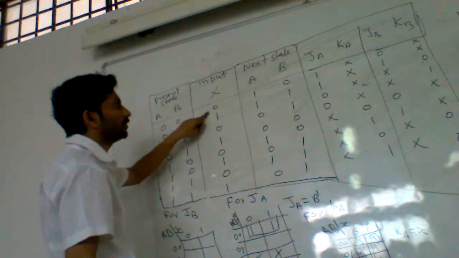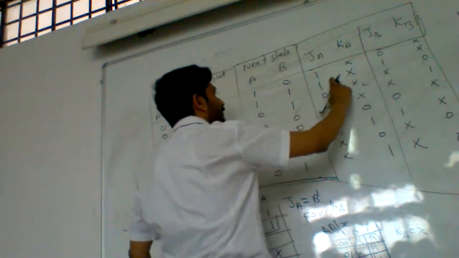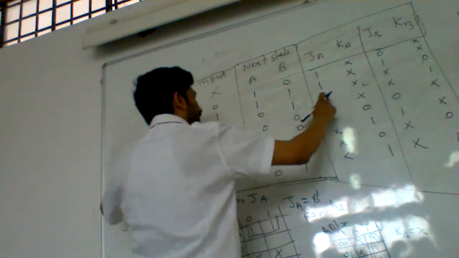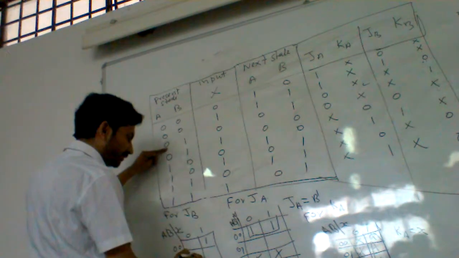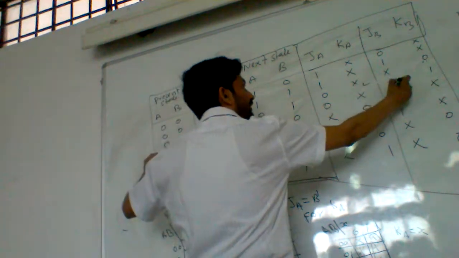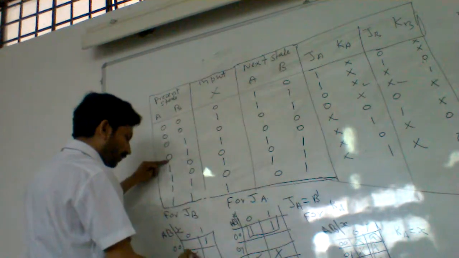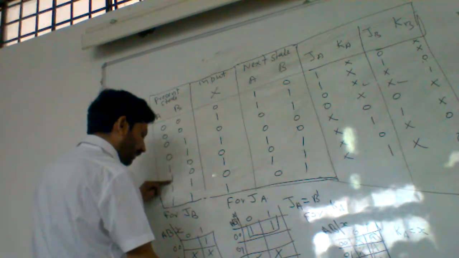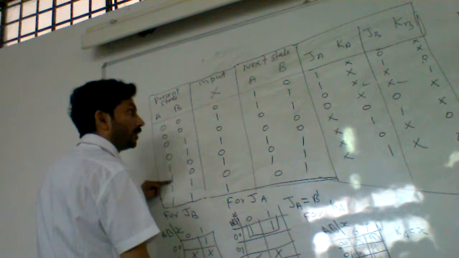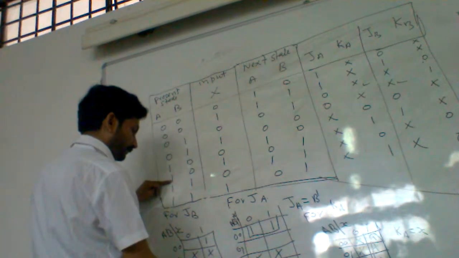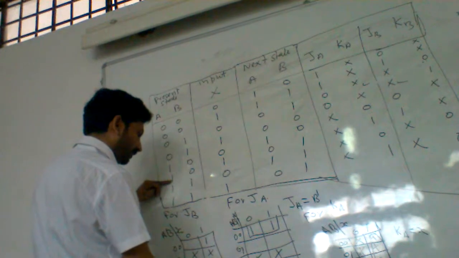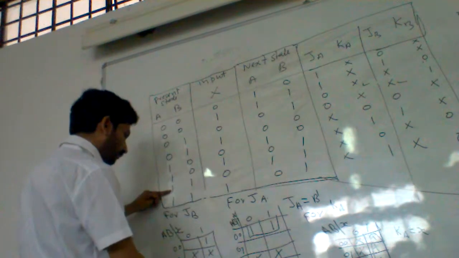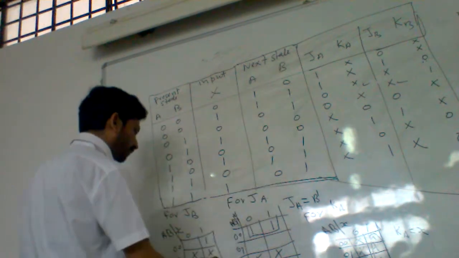See at 0 0 0 it is 0. At 0 0 1 it is 1. Next 0 1 0 and 0 1 1 are don't cares. Then 1 0 0 and 1 0 1 are don't cares. 1 1 0 is 1 and 1 1 1 is 1 as well.